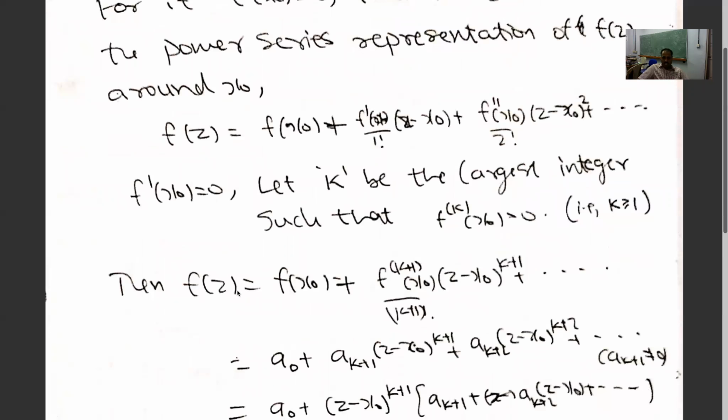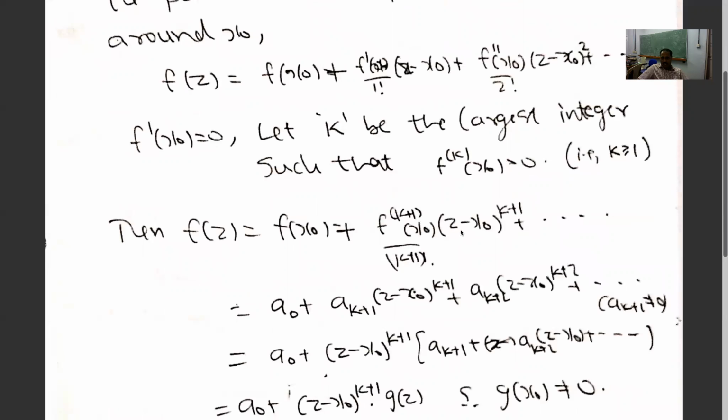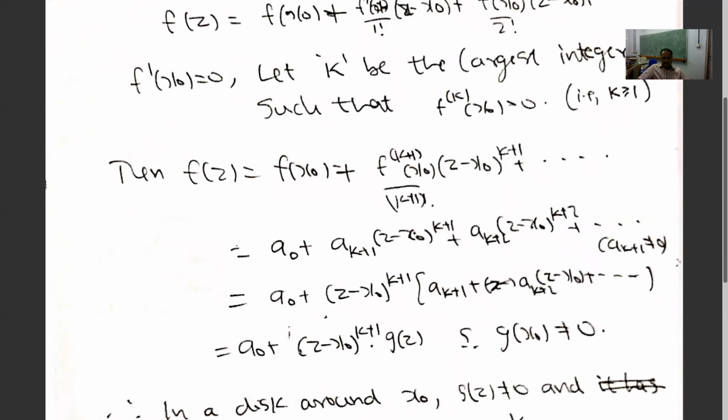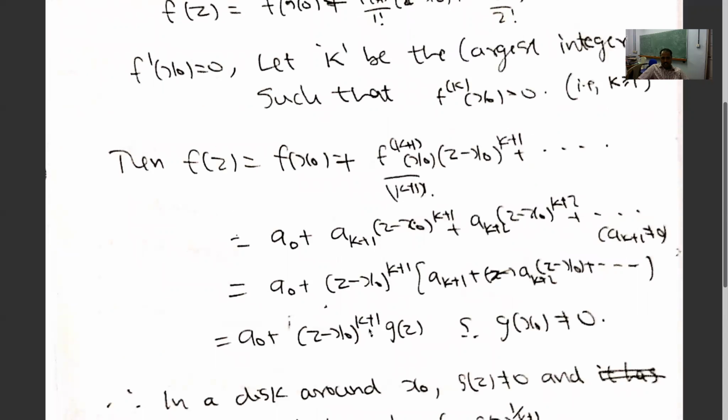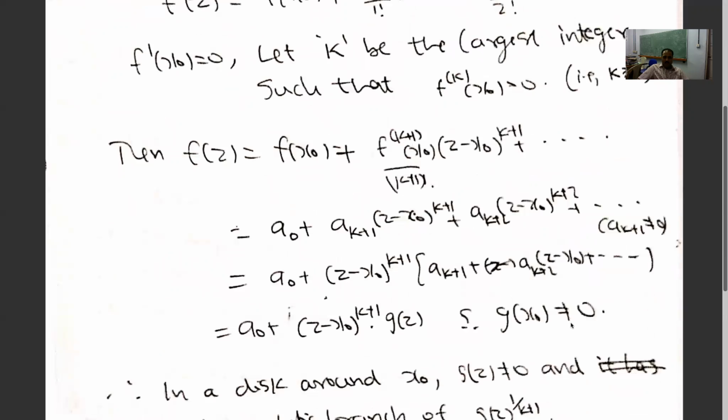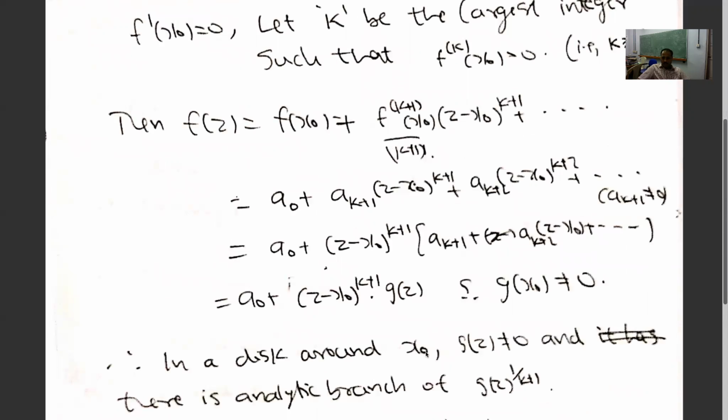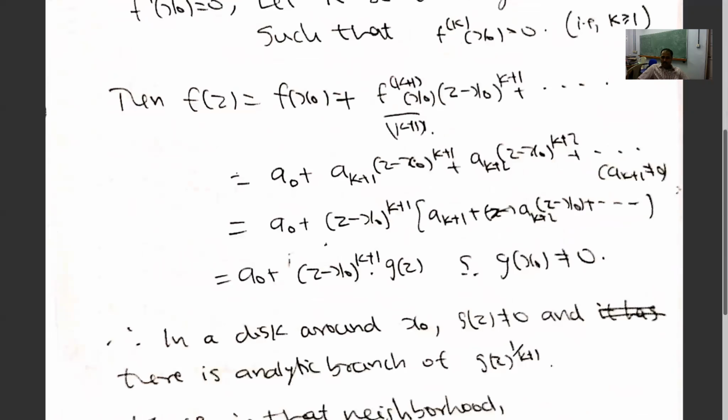So you have something like this: you can take z minus x0 to the power k plus 1 outside. So you can write it as a0 plus (z minus x0)^(k+1) into g of z, where g of x0 is not equal to 0. So in a disk around x0, you have g of z not equal to 0, by continuity. Therefore, you have an analytic branch of g of z to the power 1 by k plus 1.